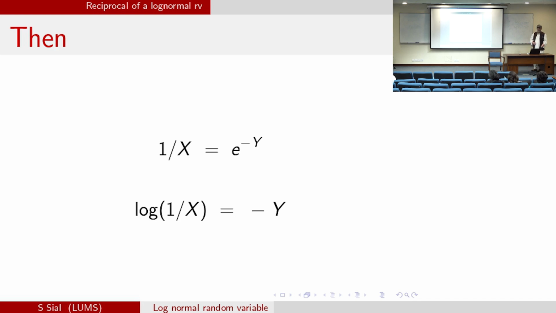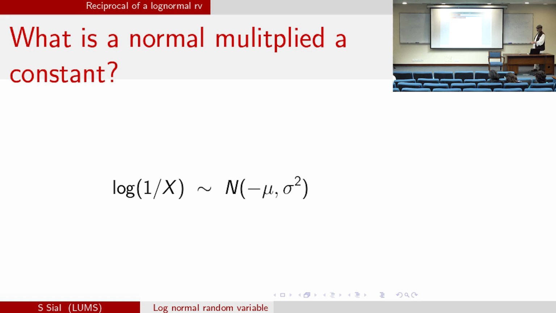What about minus Y? It's also normal, except the expectation is now minus the old expectation, and the variance doesn't change. So the sum of two log normals is not log normal. The product of two log normals is log normal. And the reciprocal of a log normal is a new log normal.